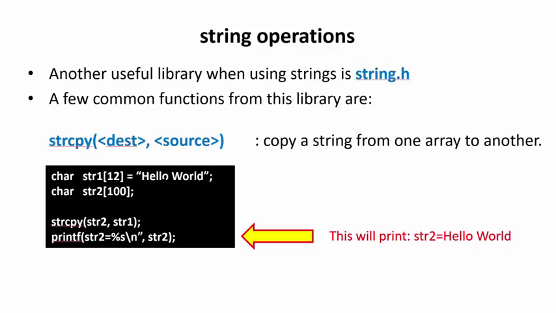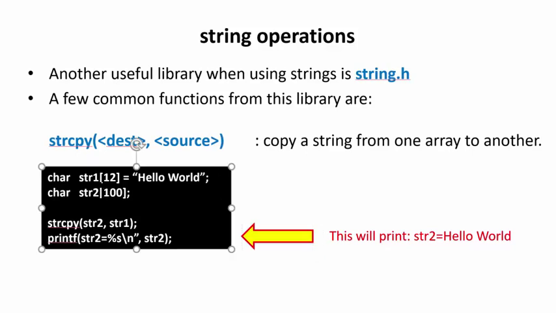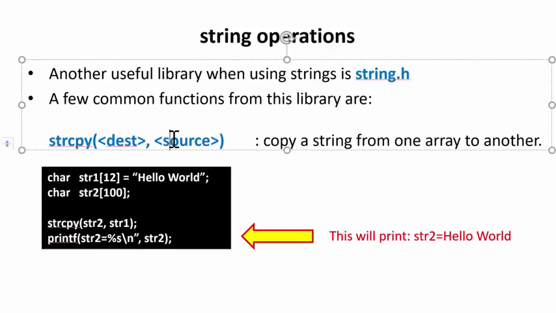For example, let's say I had my hello world string 1 and I created another string, string 2, which was 100 in size so I don't run out of room. All I need to do to copy string 1 to string 2 is put string 1 where the source is, and string 2 where the destination is.